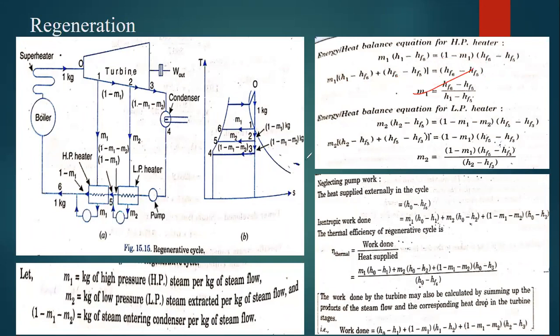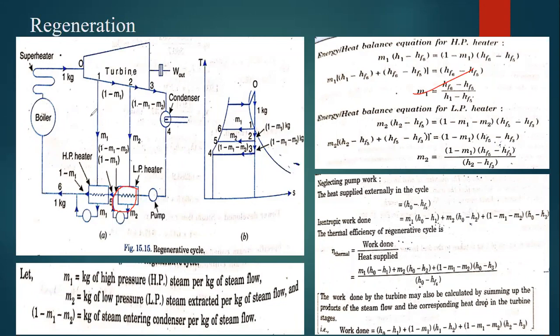At the same time, we are going to find out M2. We should know the amount of mass that has been extracted from the steam. For that also, we need to apply a heat balance equation. Why are we going to find out M1 and M2? Because if we want to find the efficiency, we need to know how much steam has been extracted from the turbine.